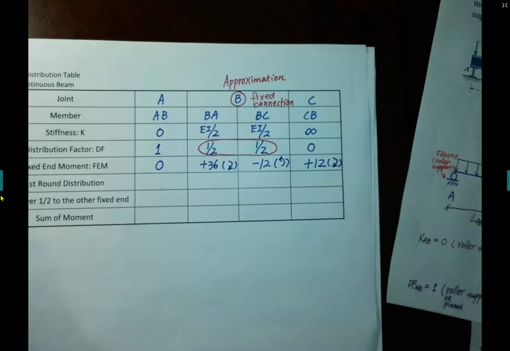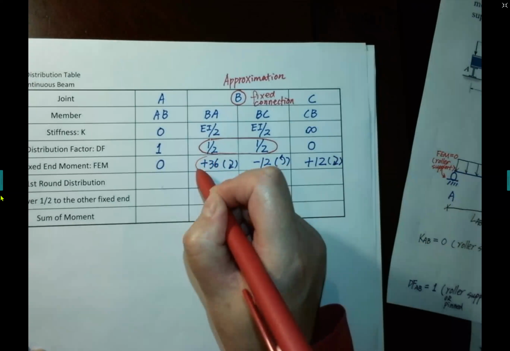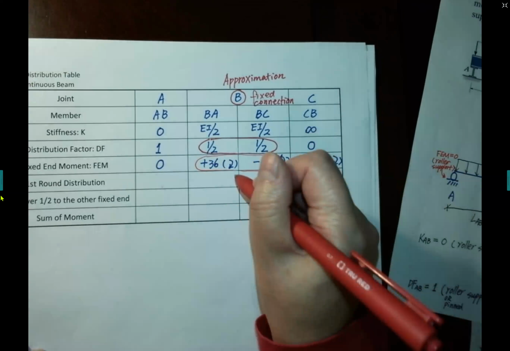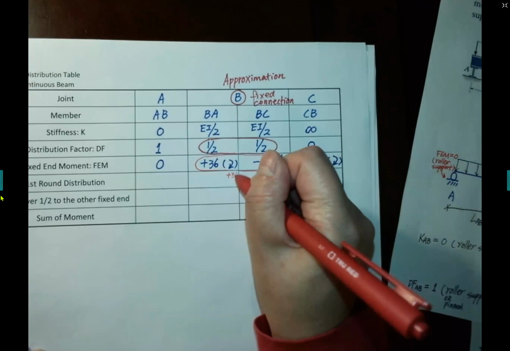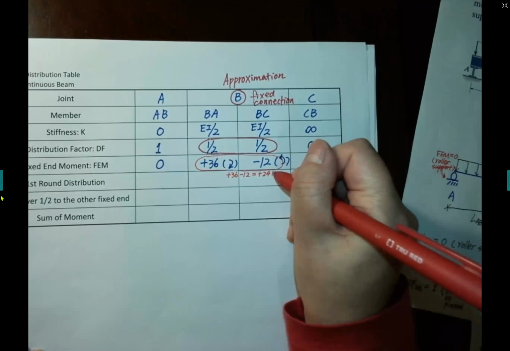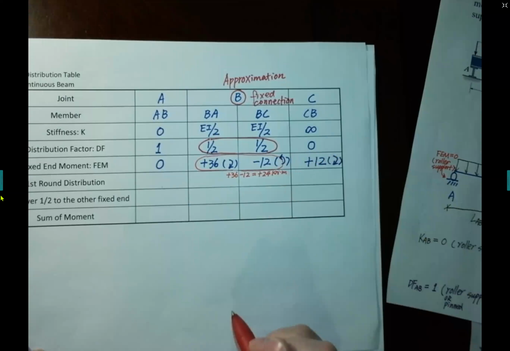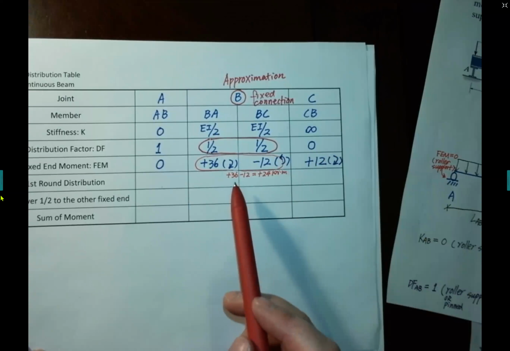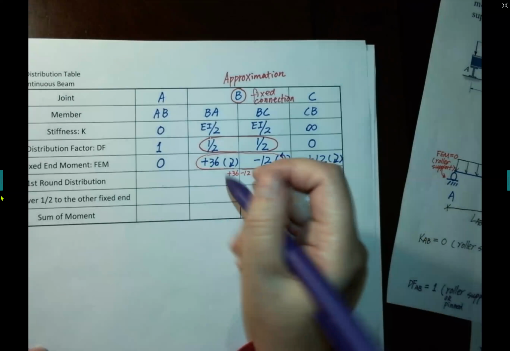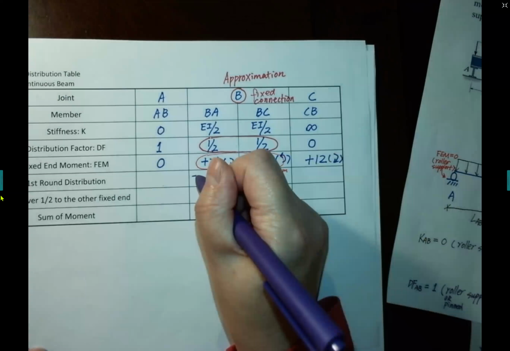And then we do the distribution. At B, the joint, we have an unbalanced moment equal to positive 36 minus 12, which gives positive 24 kilonewton meter. We need to distribute the unbalanced moment until the moment balances at B. So we use negative 24.